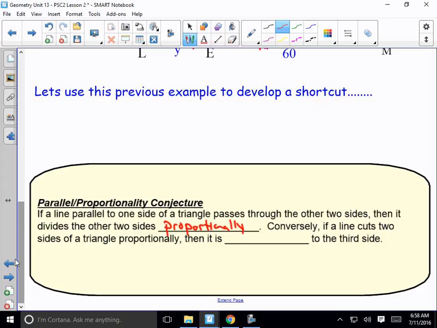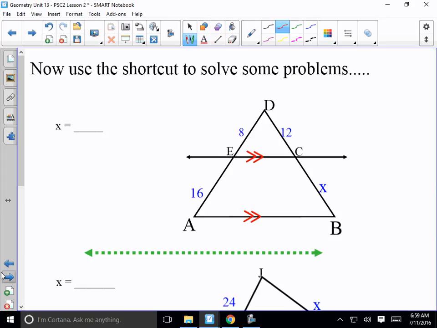Conversely, if a line cuts two sides of the triangle proportionally, then it is parallel to the third side. Now, this allows us to be able to go through and solve some very specific situations. Okay, so we can set up and solve these.